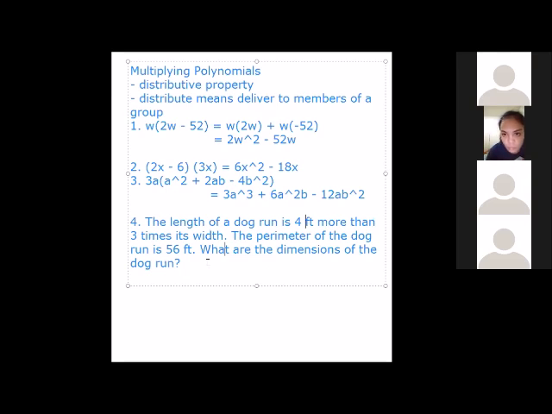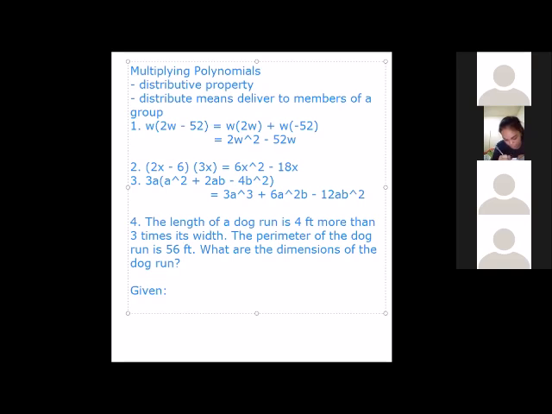Okay, thank you, Jude. So here we have a problem and we are asked of the dimensions. In solving word problems, we are going to first identify the given. The given are those numbers or information that we can get from the problem that will help us solve the problem.